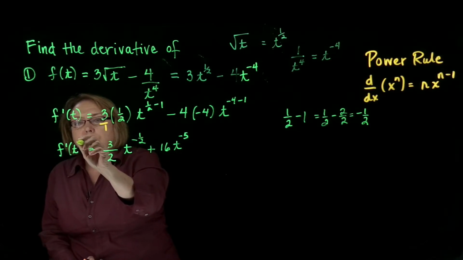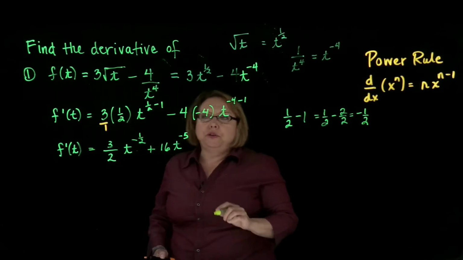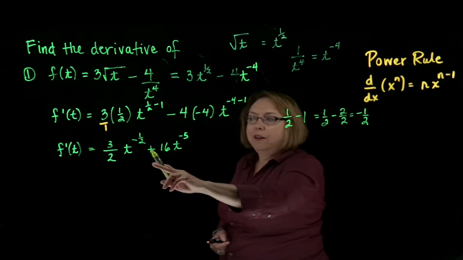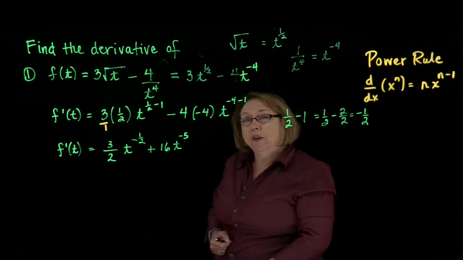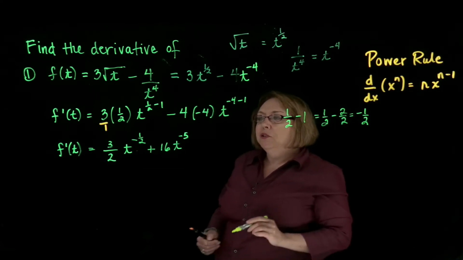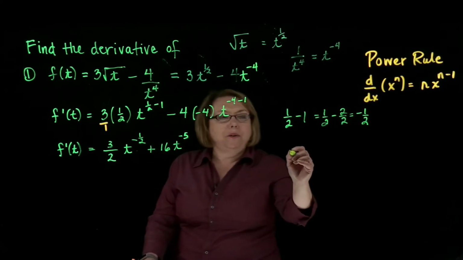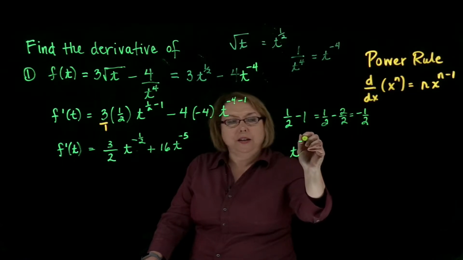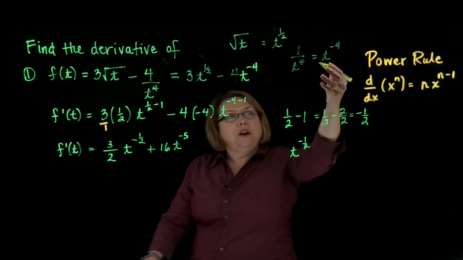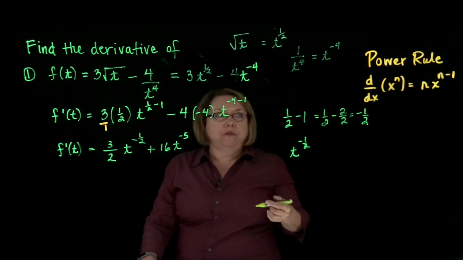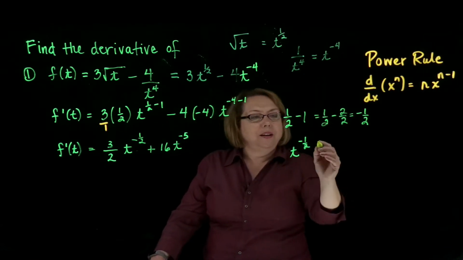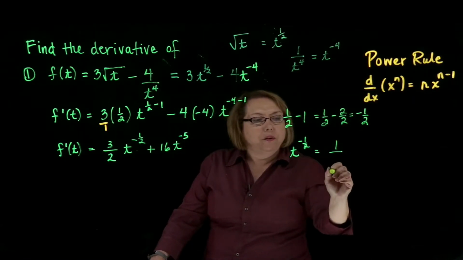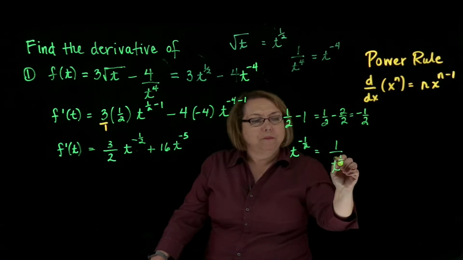We don't generally want to show a negative exponent in your final answer. So what I want to do now is, because I have here t to the negative 1/2, using our negative exponent rule in reverse, I can think of it as 1 over t to the 1/2.